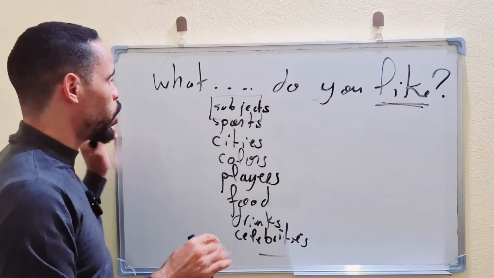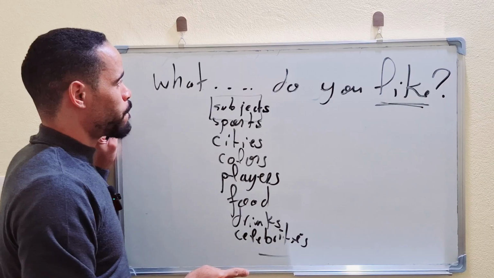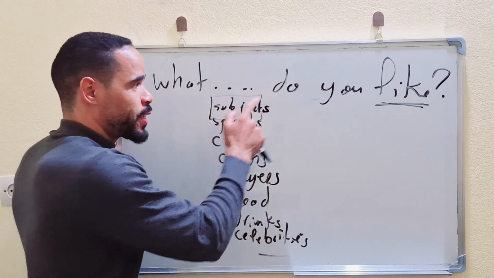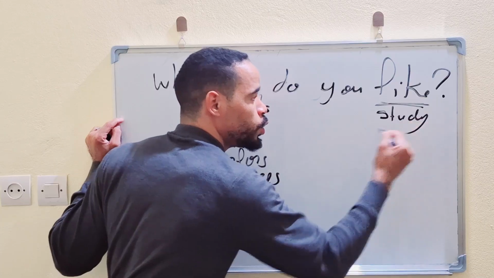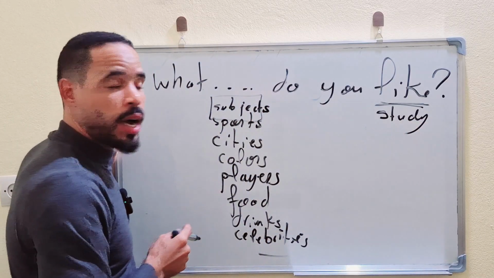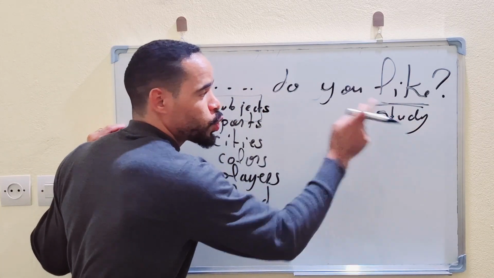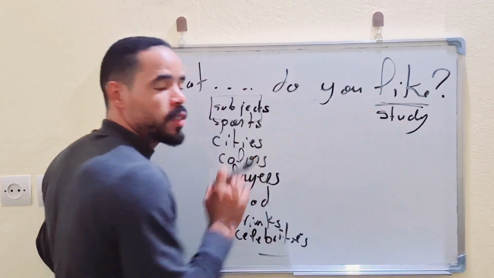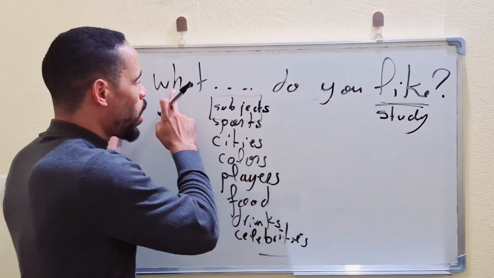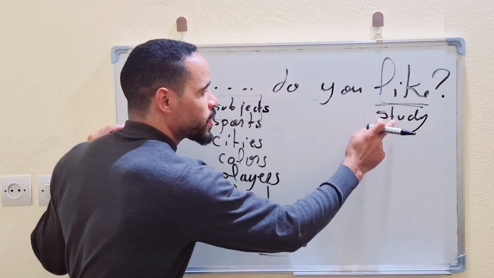Pay attention. For example, we can say, what subjects do you study? You see? I change this verb for this one because I am interested in study, not like. What subjects do you study?